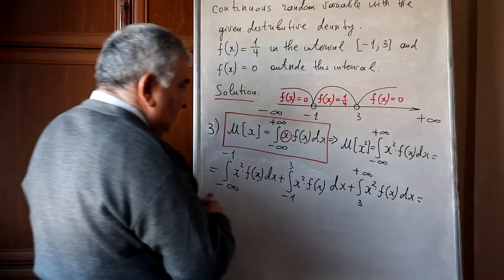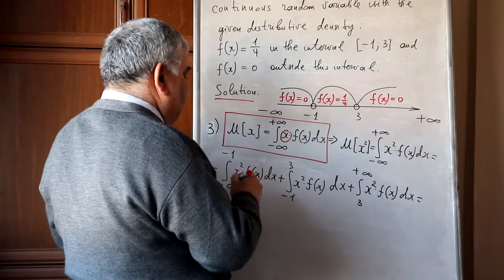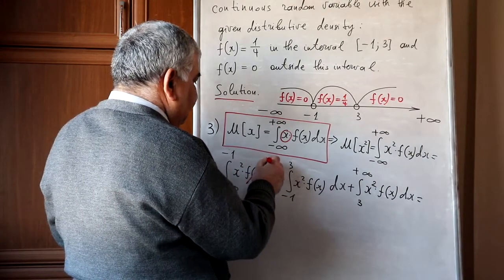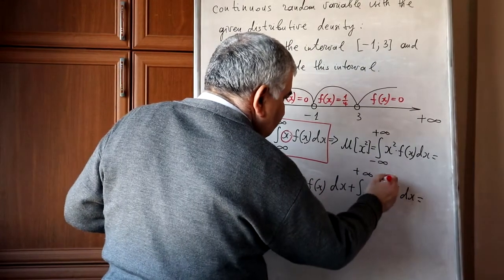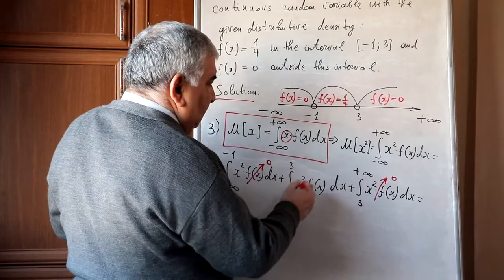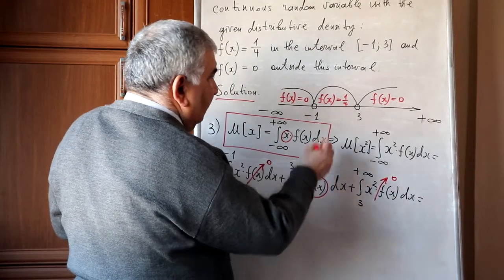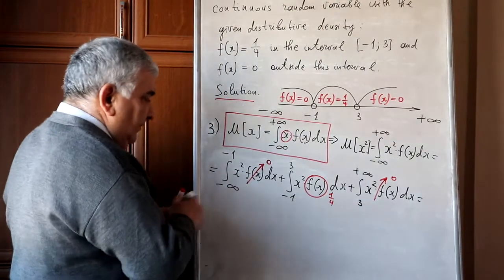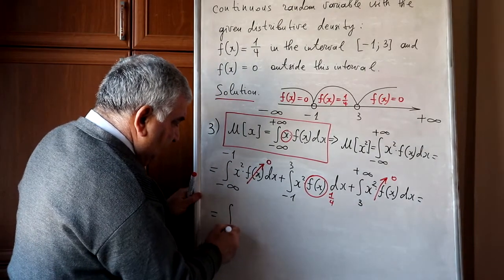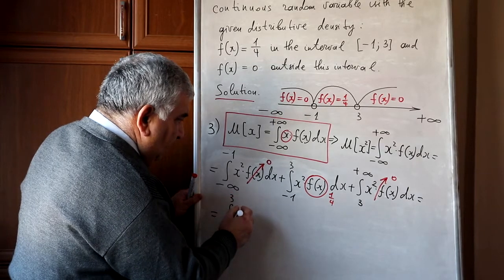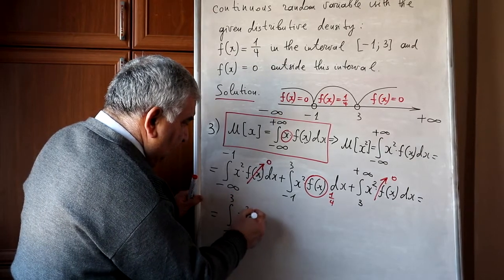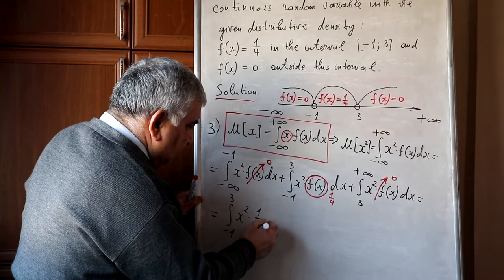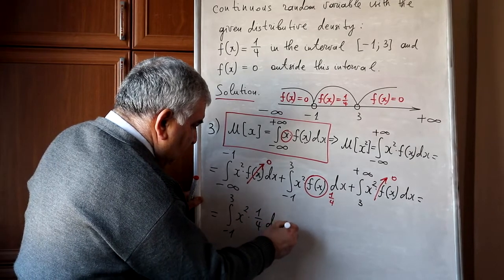In the first and third integrals, f of x is 0, and in the middle integral f of x is 1/4. Continue. Equals integral from -1 to 3 of x squared multiplied by 1/4 dx equals.